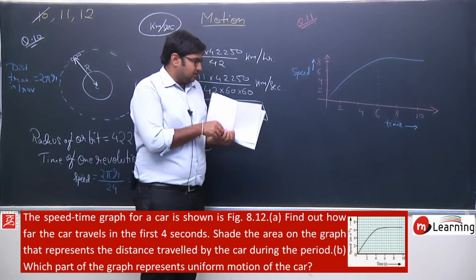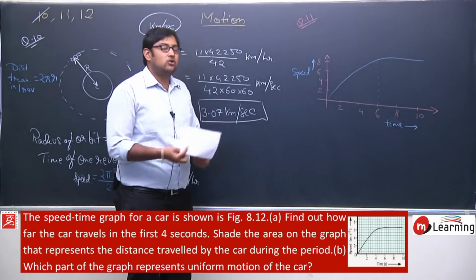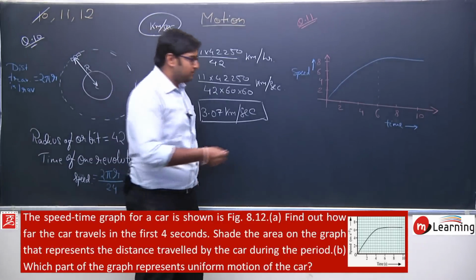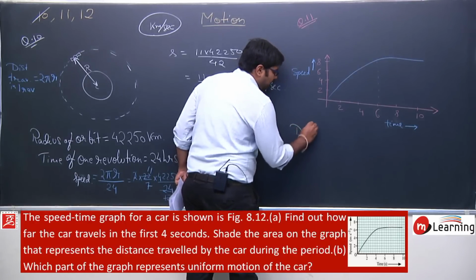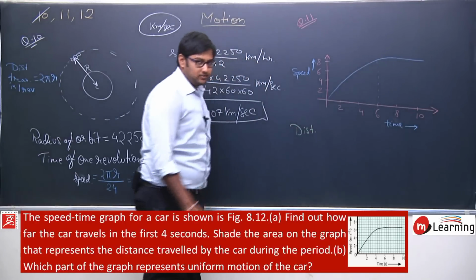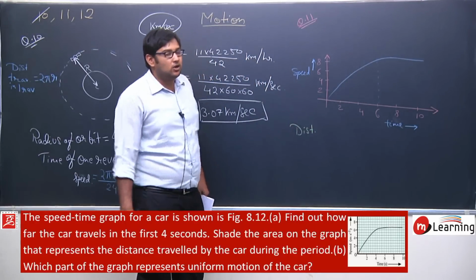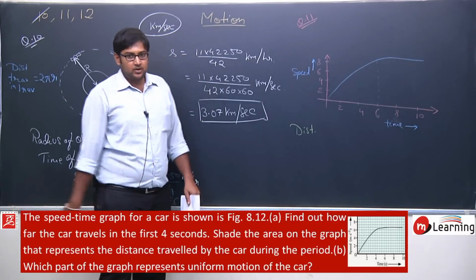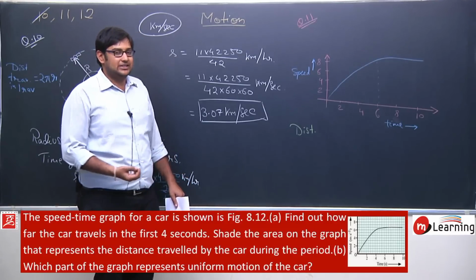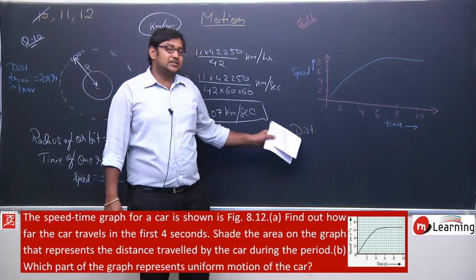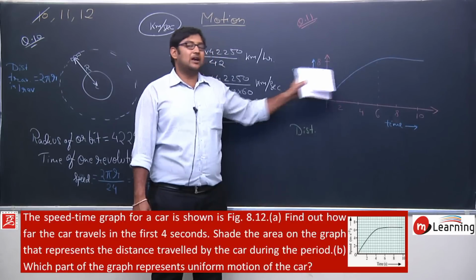Now to answer this question, we have to apply the concepts of the graph that we have learned. We have seen that the distance traveled by any object is equal to the product of its speed and time, and we have also understood in the previous classes that the distance can be calculated using the graph.